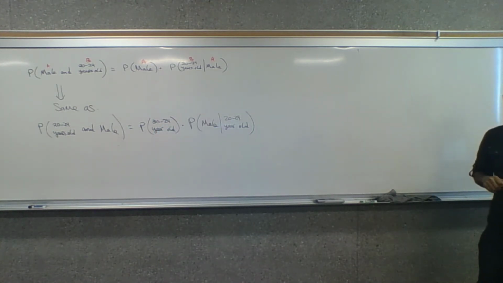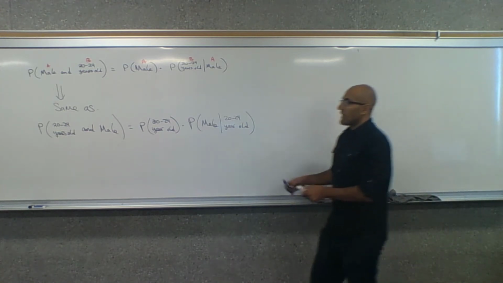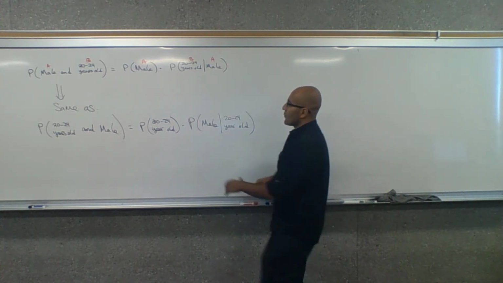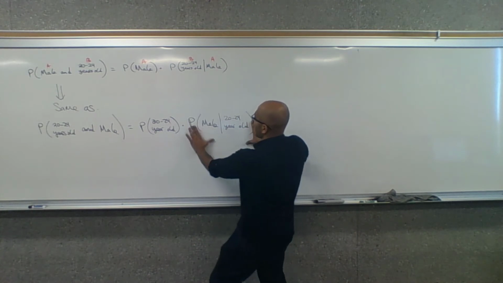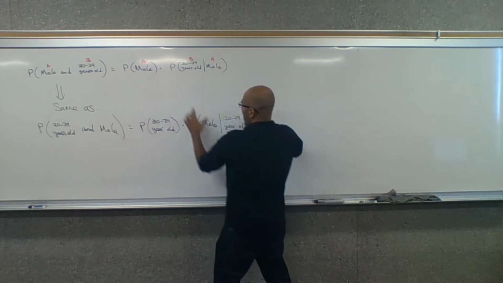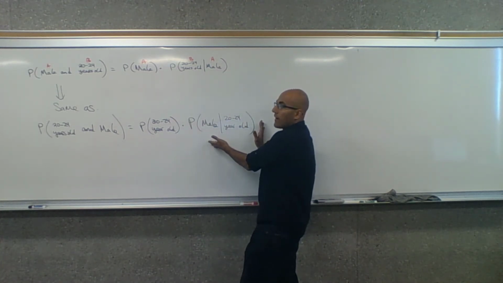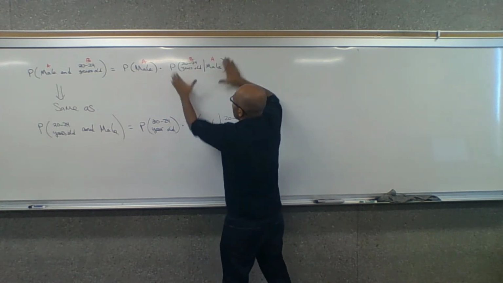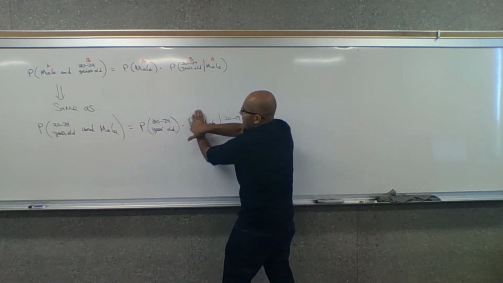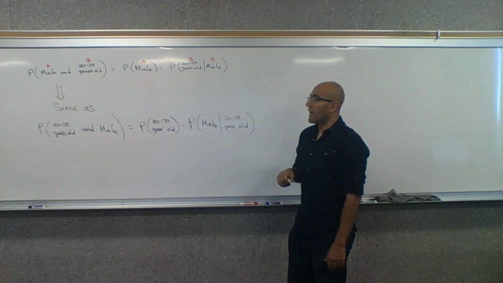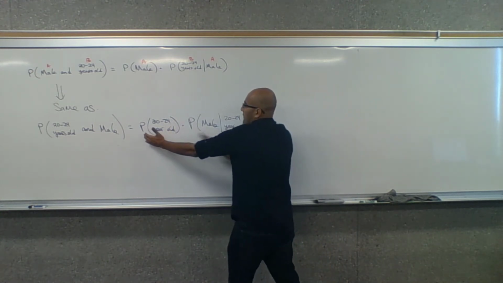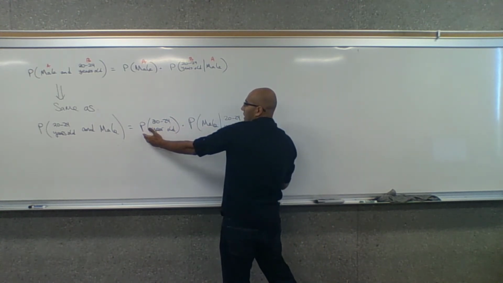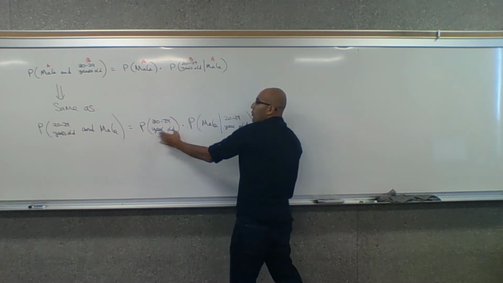Good. You can't mix and match these. That's the one place where you can't do that. So you can't take this and stick it up there and say male times male given. That'll give you the wrong answer. And you can't take this and bring it down and set it next to this thing. That doesn't work either. The stuff here on the right-hand side, the order is important.